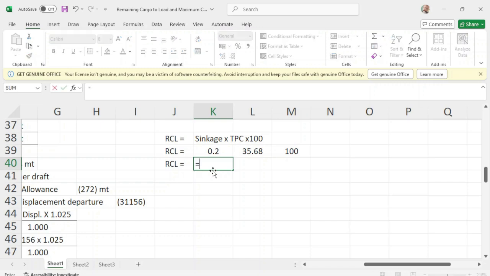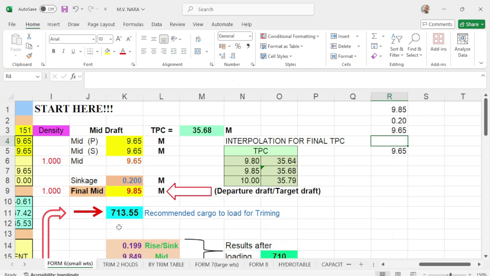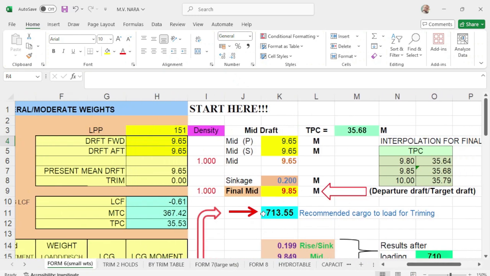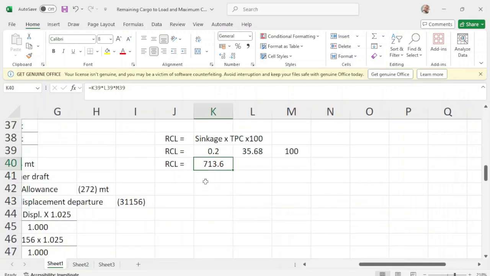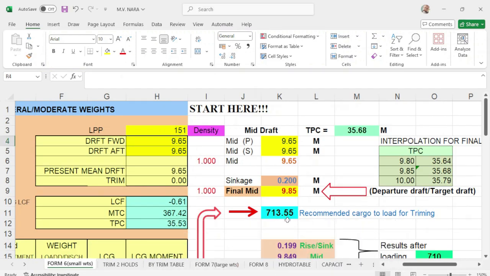Sinkage times your TPC multiply by your 100, and the answer here is 713.55.